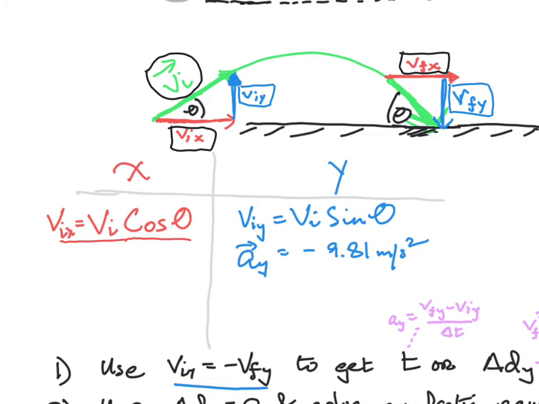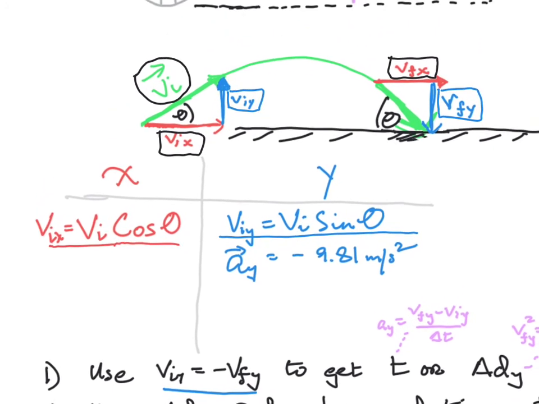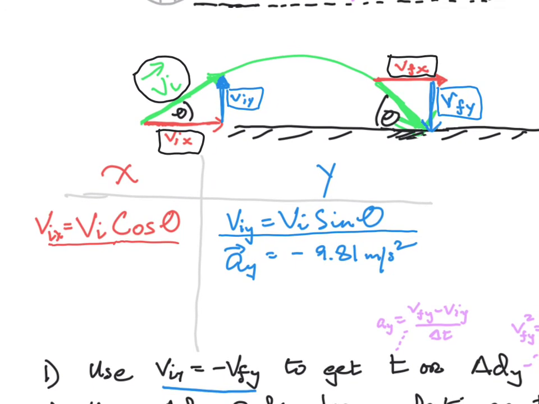We know the initial velocity in the x direction, and for the same reasons, we can say that Viy is equal to Vi sine theta. Again, back to trigonometry in that triangle on the left. And we also know the acceleration vertically is negative 9.81 meters per second squared. So if we can just figure out one more variable in the y, we would have 3 variables, and we can use the kinematics equations, the big 5, to get whatever variable we want.